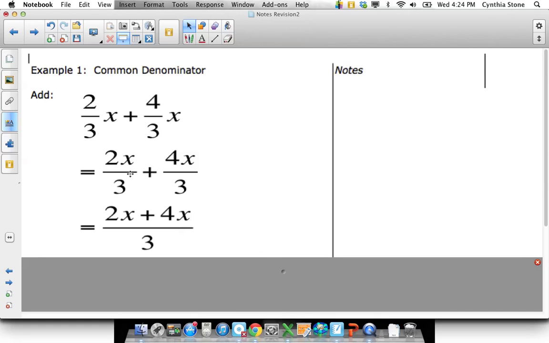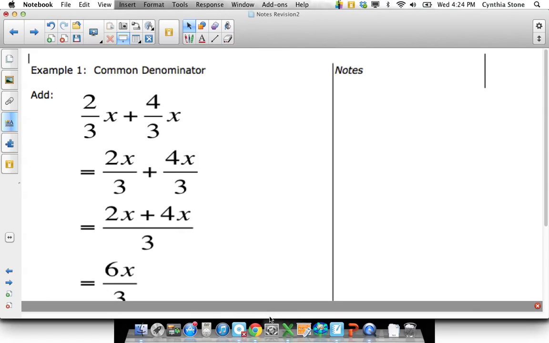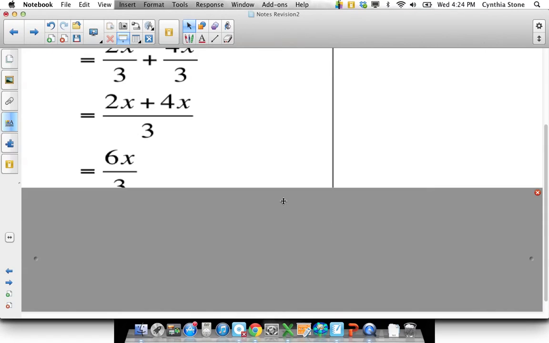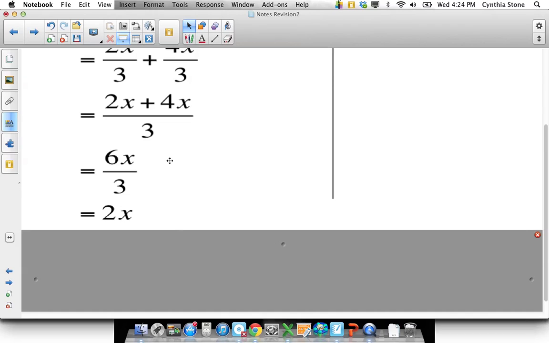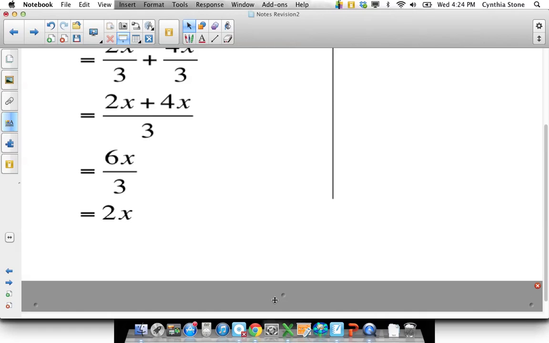As long as you have a common denominator, it just becomes the denominator, and then you add the numerators, and therefore in this case you end up with 6x over 3, which you can simplify further because 6 divided by 3, remember this is just a divide, is 2, and you end up with 2x. Okay, so that's a simple adding fractions with letters.